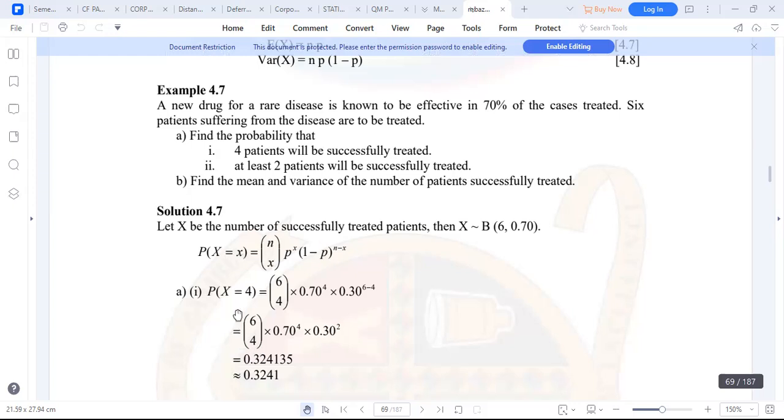So you compute what is 6 combination 4. I taught you how to use Pascal's triangle or how to use a calculator. 0.7 to the power 4, 0.3 to the power 2. You compute that together. So this is how the question comes in an applied perspective, just similar to what we just discussed. All right.